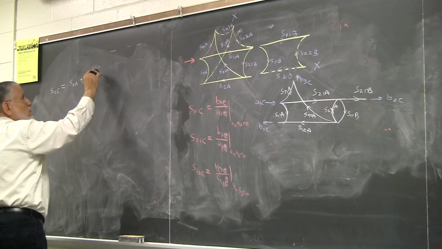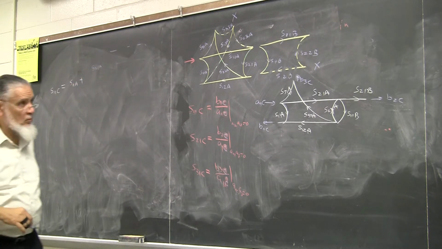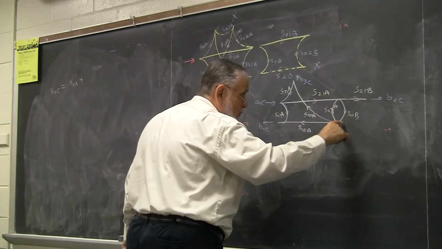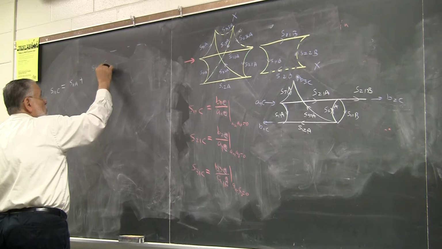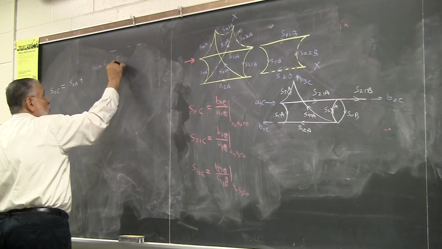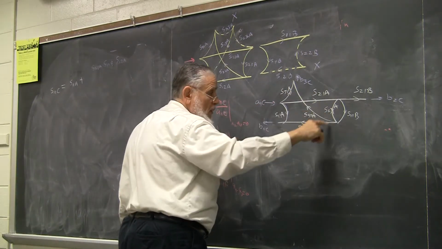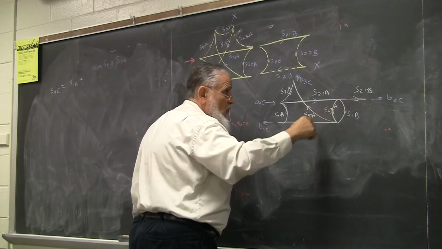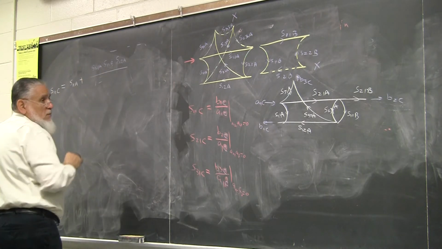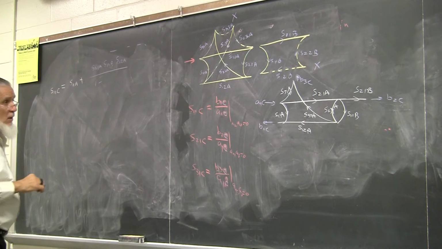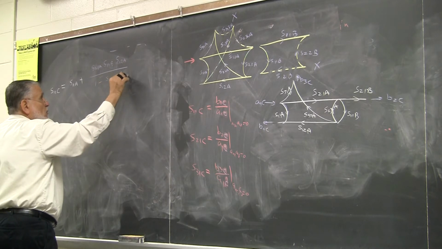S21A, S11B, S12A. That's your loop. And the loop has a feedback loop inside it. So let's divide it by 1 minus the loop gain in the feedback loop, which is S22A and S11B.